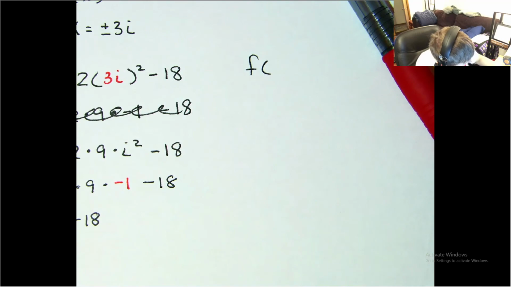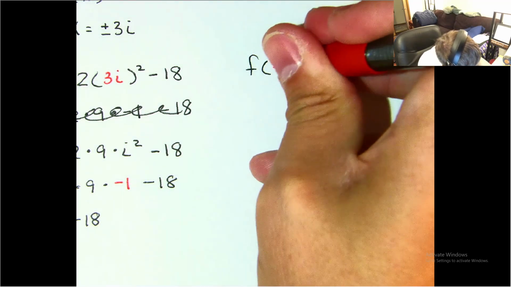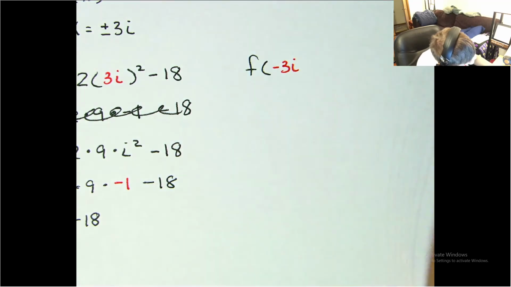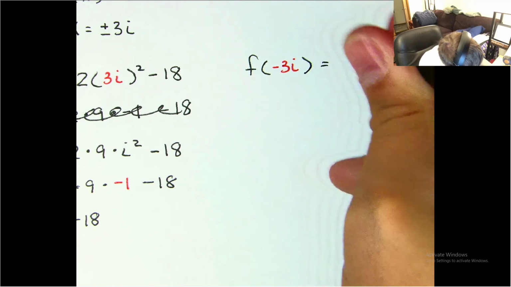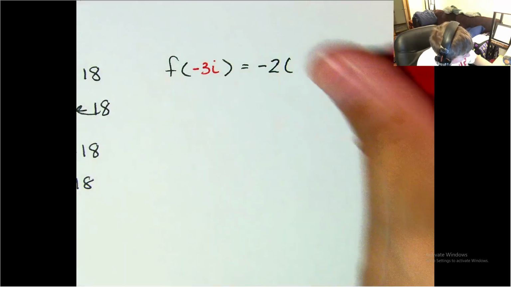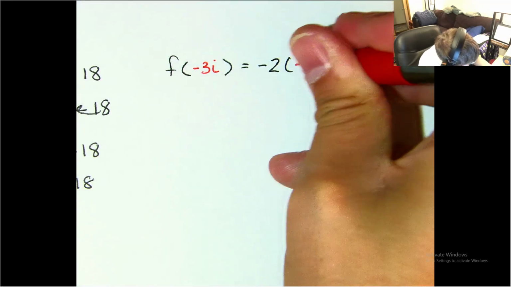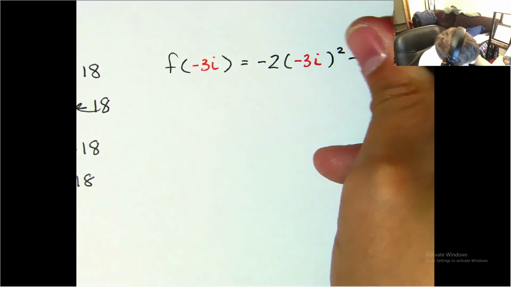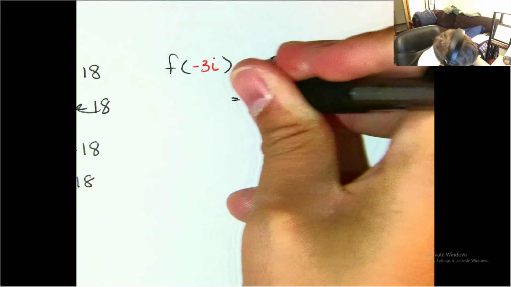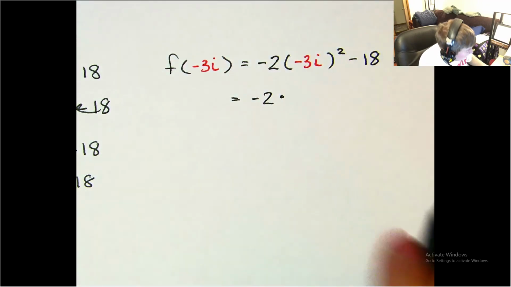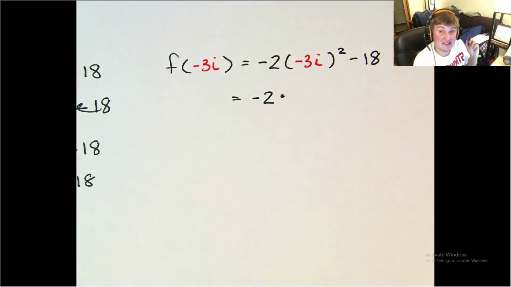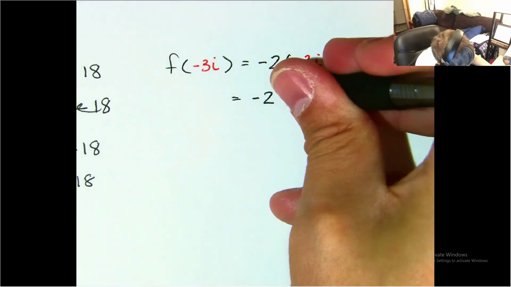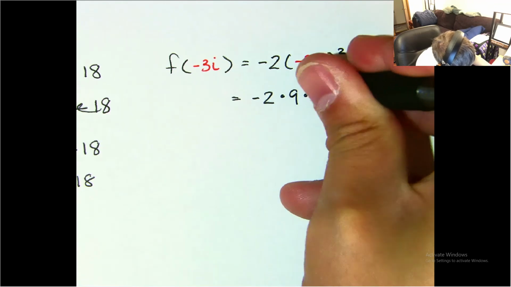The negative version is finding f of negative 3i. So then I get negative 2 times negative 3i squared minus 18. Here I get negative 2 times, well, negative 3 squared, negative 3 times negative 3 is positive 9, and i times i is i squared.